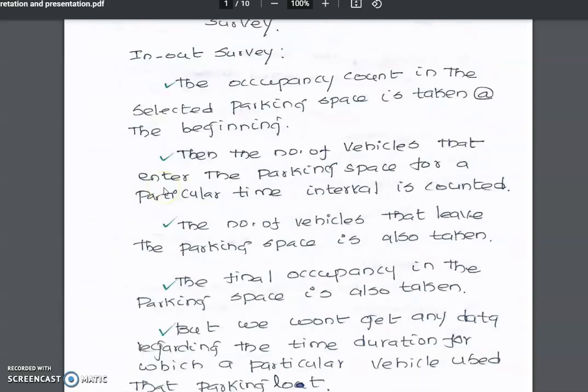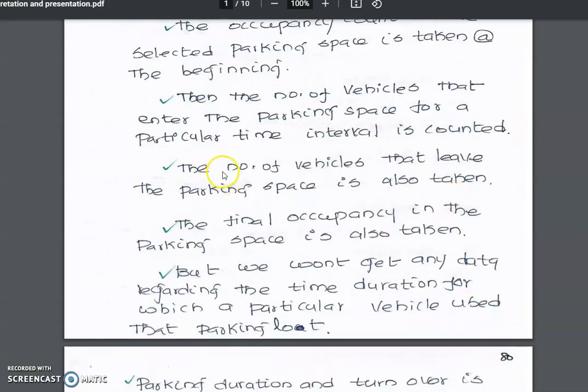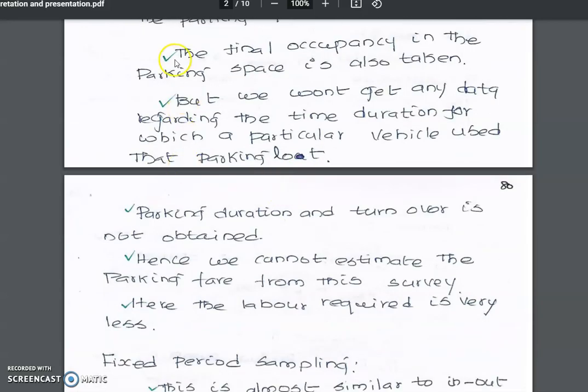In the first method, the in and out survey, the occupancy count in the selected parking space is taken at the beginning. Then the number of vehicles that enter the parking space for a particular time interval is counted. Then the number of vehicles that leave the parking space is also taken. The final occupancy in the parking space is also taken.